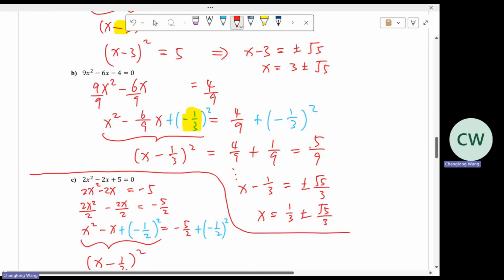After I divided by 9, what was the linear coefficient? -6/9. Now, how do I get half of -6/9? I mean, just multiply by 1/2, right? Now, of course, simplify it, or if you don't want to, go ahead and do 6 times 1, and 9 times 2, and it's going to be -1/3.